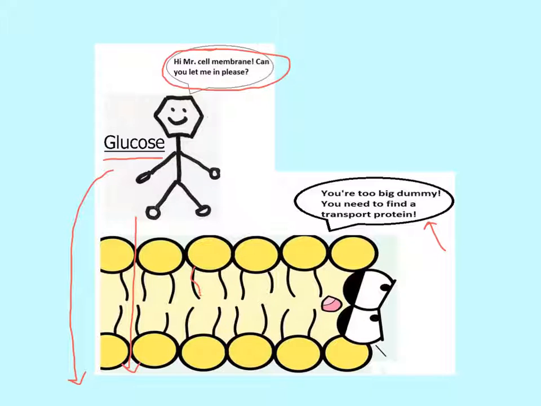The lipid tails block polar molecules, even water. So glucose cannot get through the phospholipid bilayer. But the cell membrane gives them some good advice. You need to find a transport protein. You need to find a channel or a door in order to let you in. And that's what facilitated diffusion is.